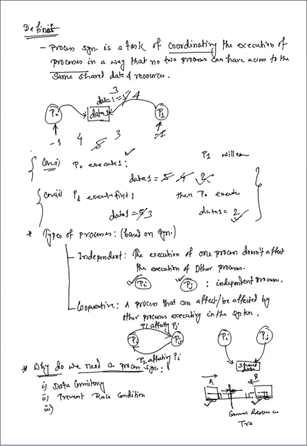That is the track. A and B are both sharing the common resource, the track, and A is waiting for B to clear the track and B is also waiting for A to clear it. So there is no progress, and that is called a deadlock situation, right? So synchronization prevents the deadlock.